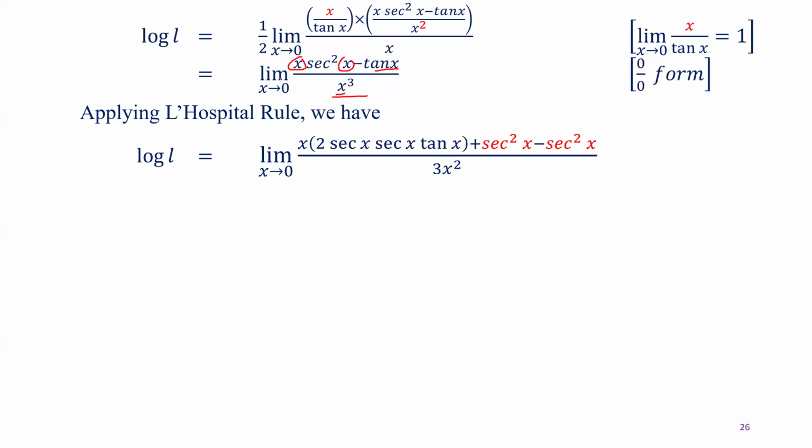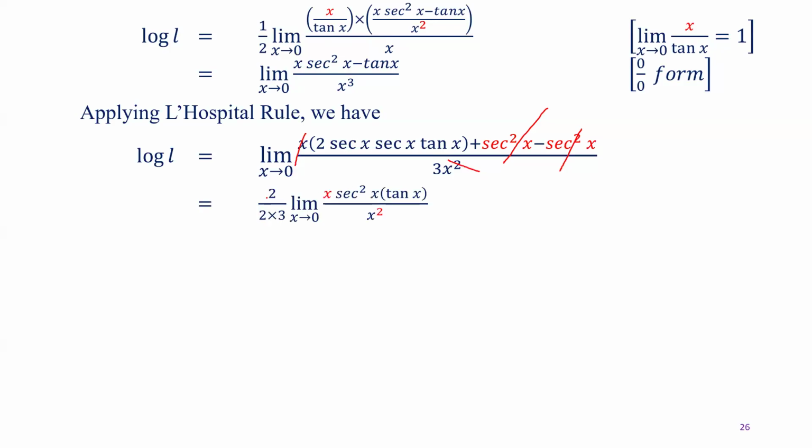Derivative of numerator: x is the first function, the derivative of sec² x is 2 sec x times sec x tan x, plus the derivative of x is 1 into sec² x, minus the derivative of tan x, which is sec² x, and the whole divided by the derivative of x³, which is 3x². Now this plus sec² x minus sec² x will cancel. One x will again cancel over here.